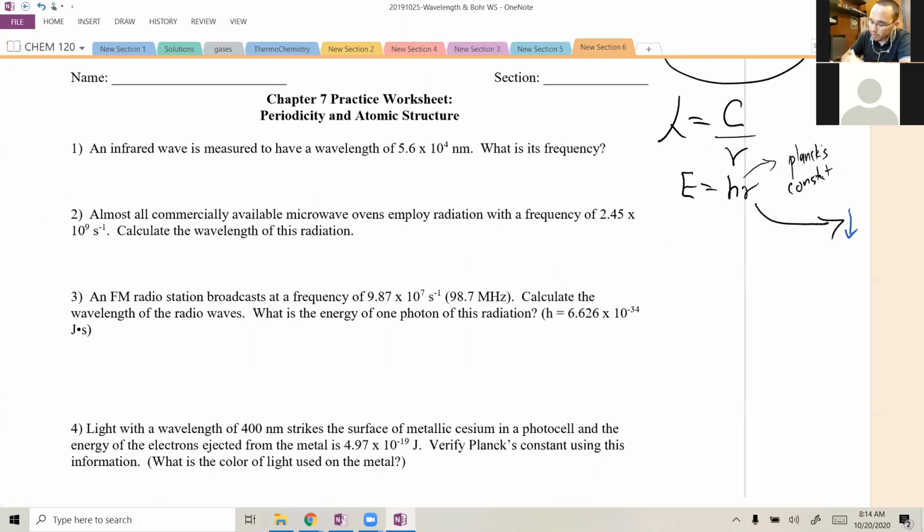So let's go ahead and tackle this first one. We have an infrared wave, and we measure it at a wavelength of 5.6 times 10 to the 4 nanometers. What is its frequency? So what are we looking for in this problem? What's it asking us to find?